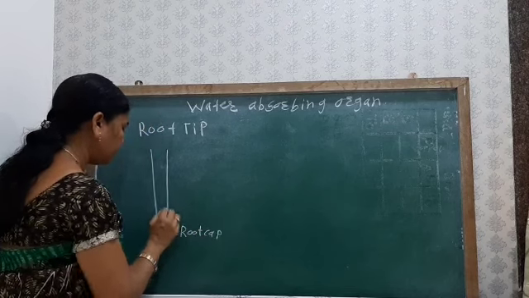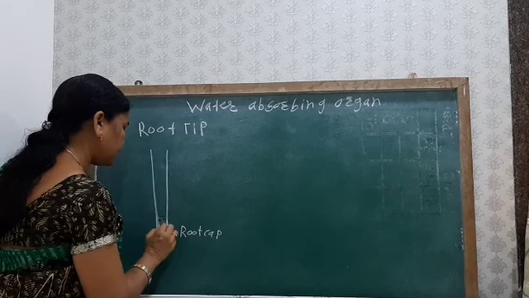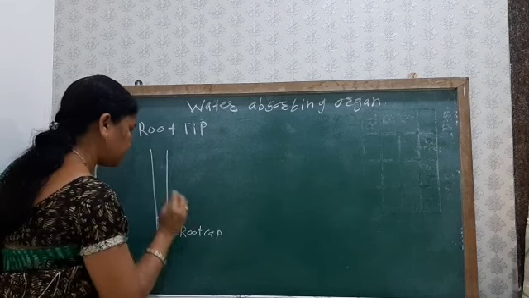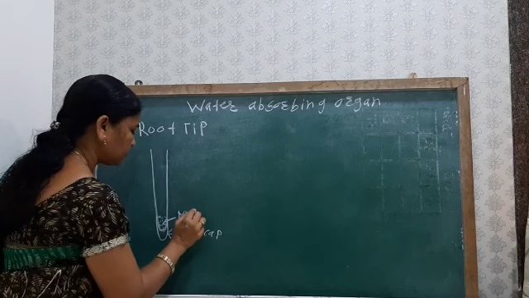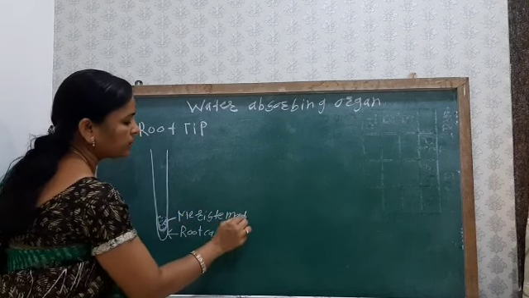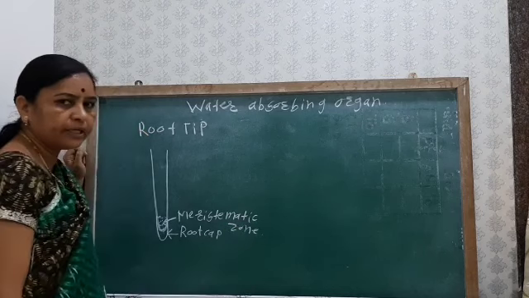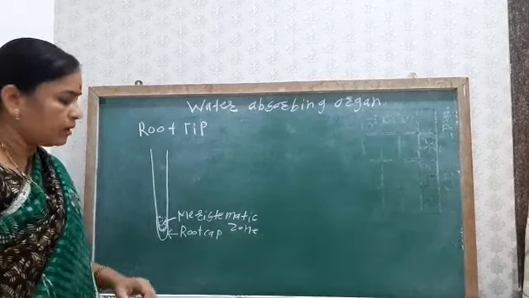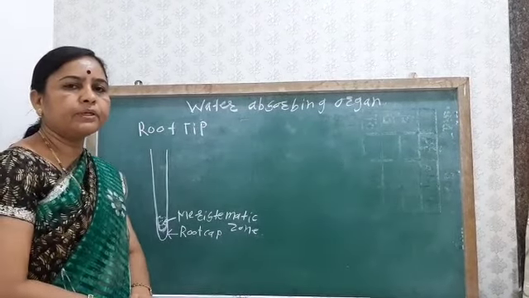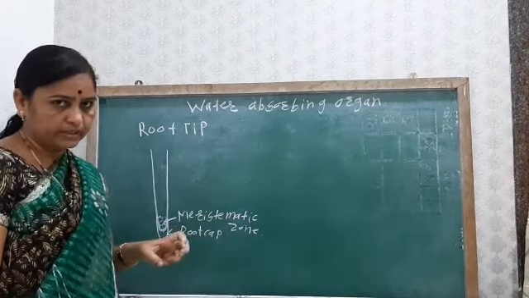Above the root cap, inside, the region present is the meristematic region, or meristematic zone, in which the cells have a high capacity of cell division, and these cells are immature cells.